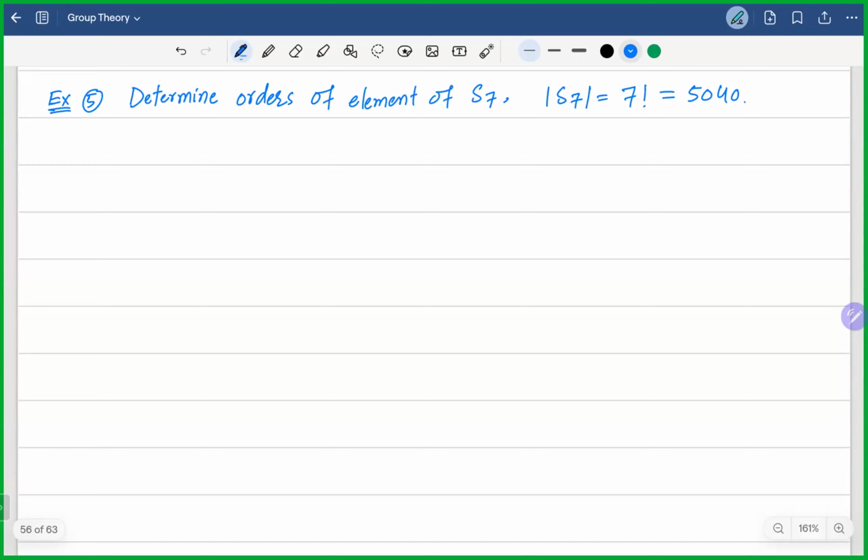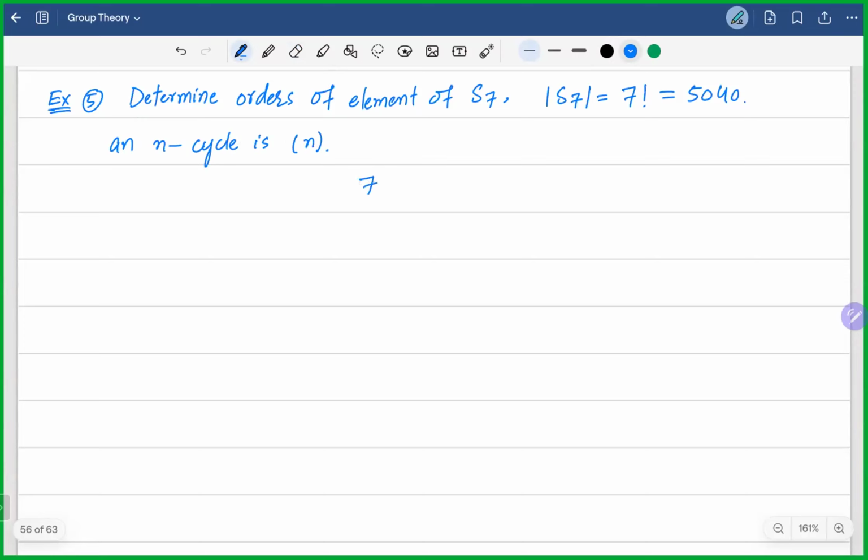To do that, what can we do? For convenience, we denote an n-cycle like this. Then arranging all the possible disjoint cycle structures of elements of S7 according to the longest cycle length from left to right, we have what?